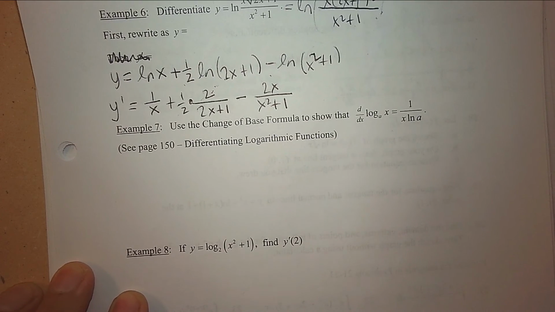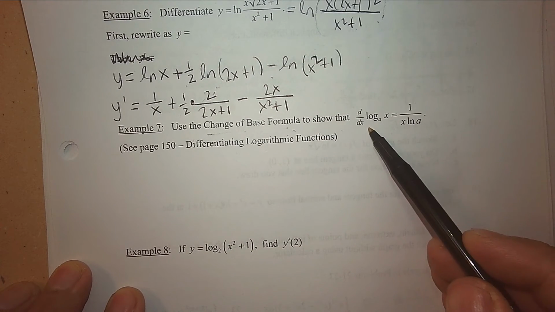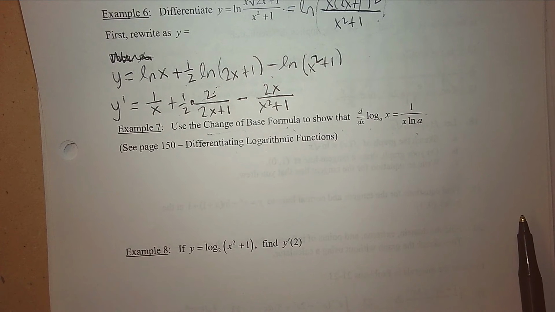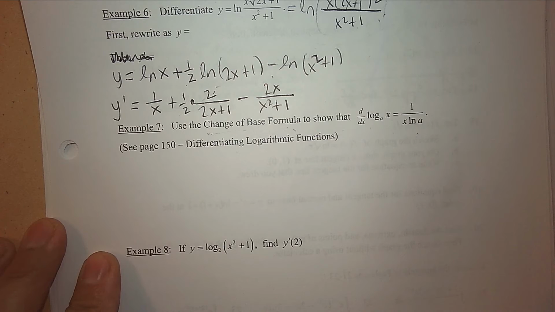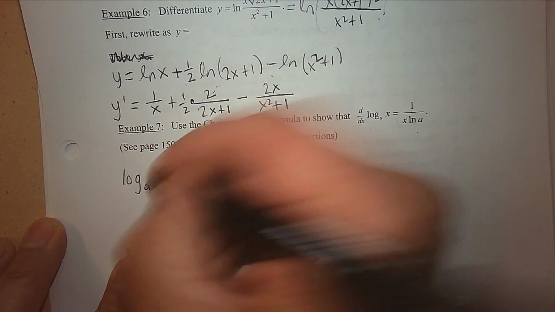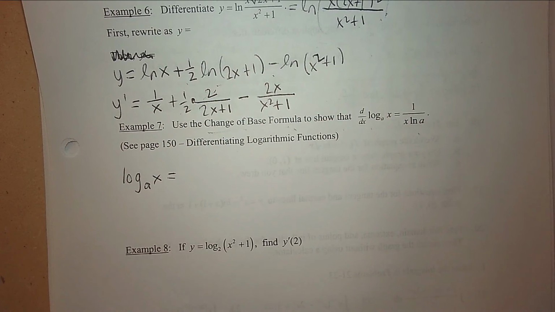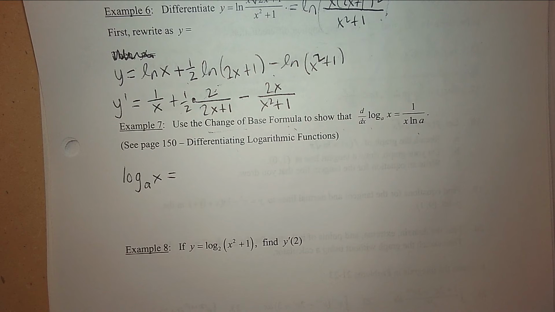All right. It says use the change of base formula to show the derivative of this is equal to that as a formula. So to do that, recognize that log x base a, the change of base formula allows you to change it to any base you need to by dividing. So, in this case, what is the base for calculus? E. That logarithm would be which one?